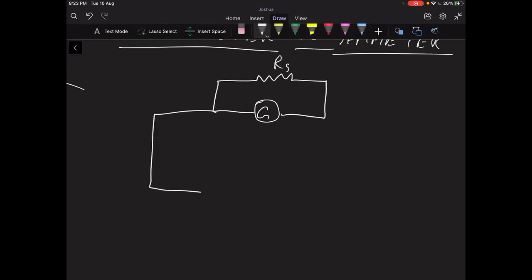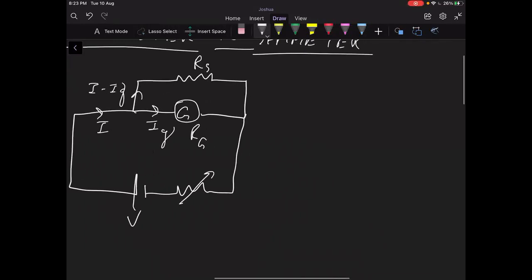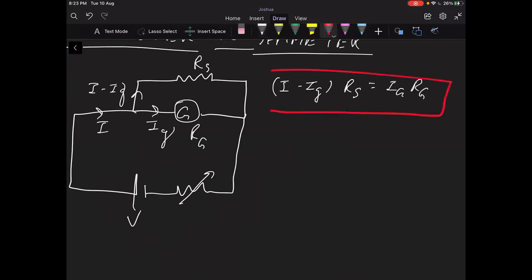And then that is connected to the rest of the circuit, from where you are getting all the current. This current I enters here, IG enters the galvanometer, and I minus IG exits through the shunt. Resistance of galvanometer is RG. You can say that I minus IG into RS is equal to IG RG. This is the equation that will help you solve the problems on ammeter.